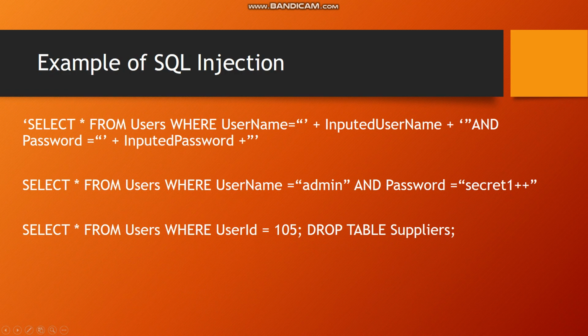Where is basically a filter, where username should be whatever value you are giving and password should be this. So it is saying you give me all the users where the username is the input value and password is this.